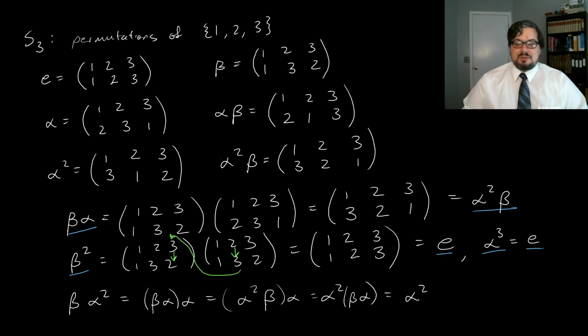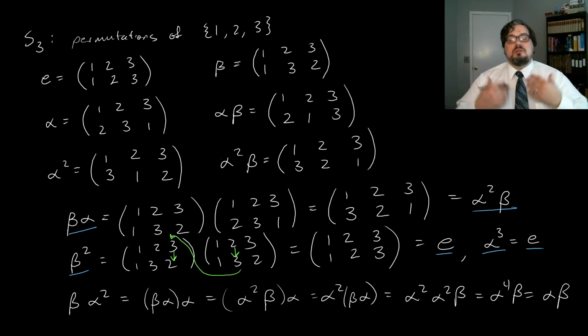Beta times alpha is another alpha squared beta. So we get alpha to the 4th beta. But of course, alpha cubed is the identity, which means that 3 of these alphas don't matter. And in fact, we just get alpha beta back.